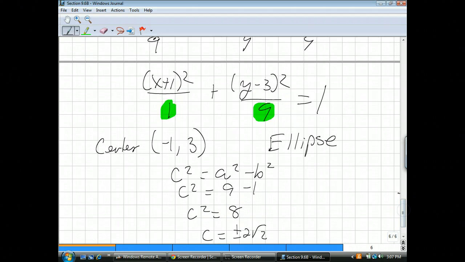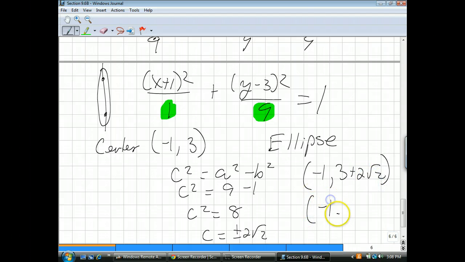So our major axis is vertical, so our ellipse is going to look like this. So our foci are going to be affecting the y value of our center. So our foci are going to be at -1 comma 3 plus 2 square root 2 and -1 comma 3 minus 2 square root 2. And that's where our foci will be.